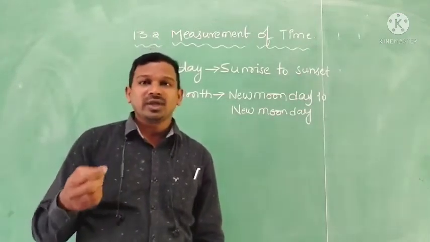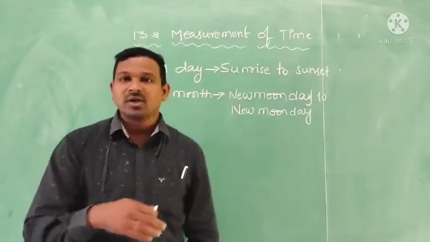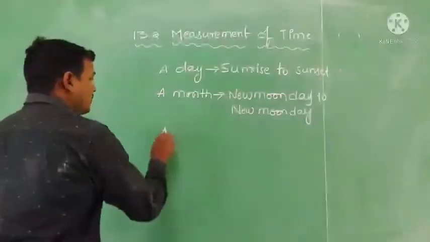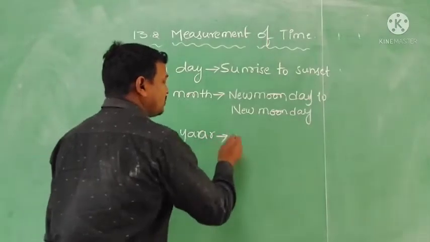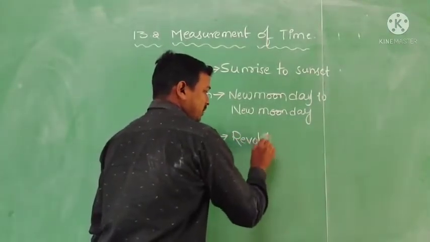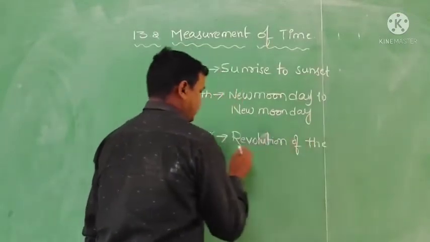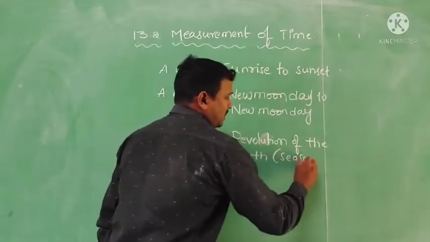Now coming to the year. After many months, a year needs to be completed. How do they decide the year has completed? For a year, they depend on the revolution of the earth. We can say that is seasons, right?